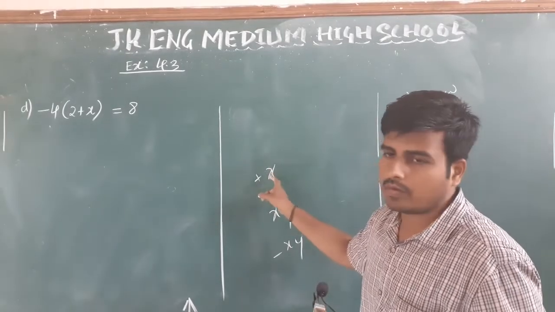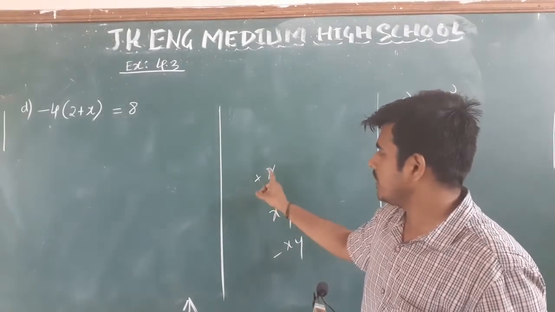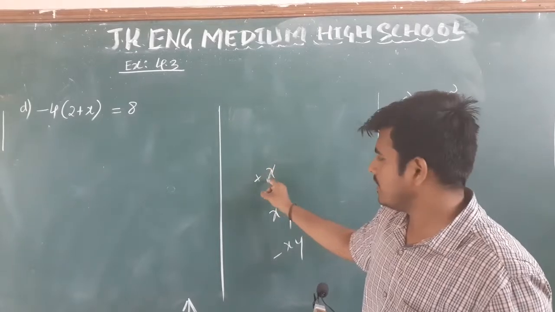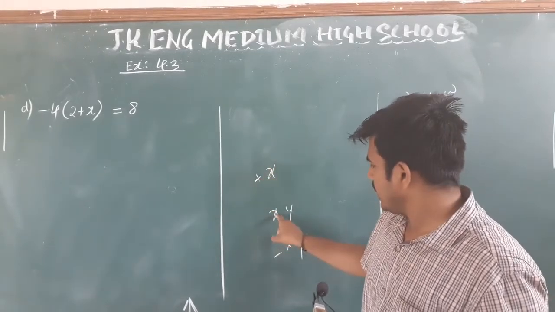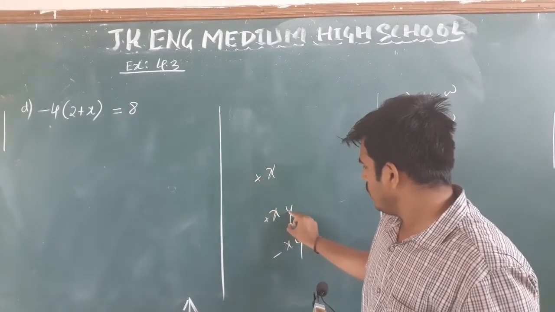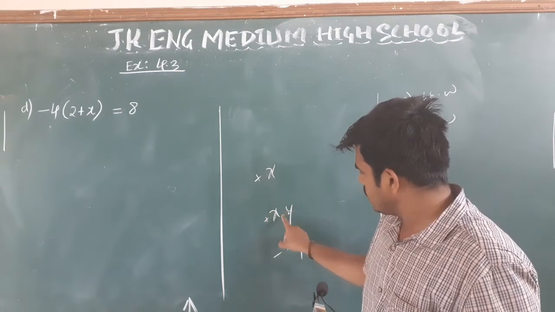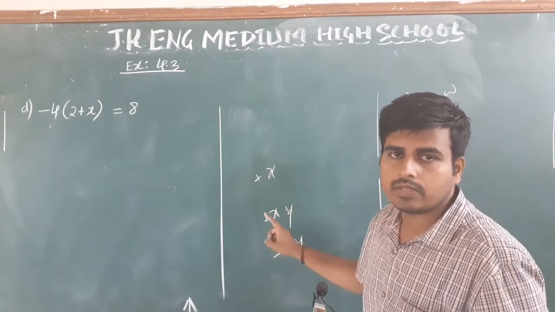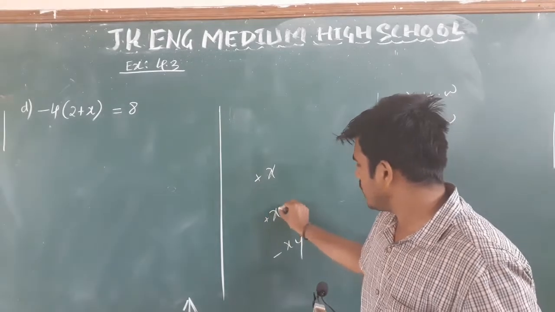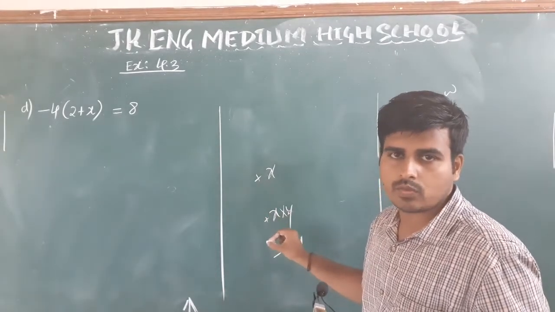If any number, variable, anything doesn't possess any sign, it shows plus. X is also positive, y is also positive, but there is no operation in between them. If there is no operation in between them, it shows into. xy means what? X into y.